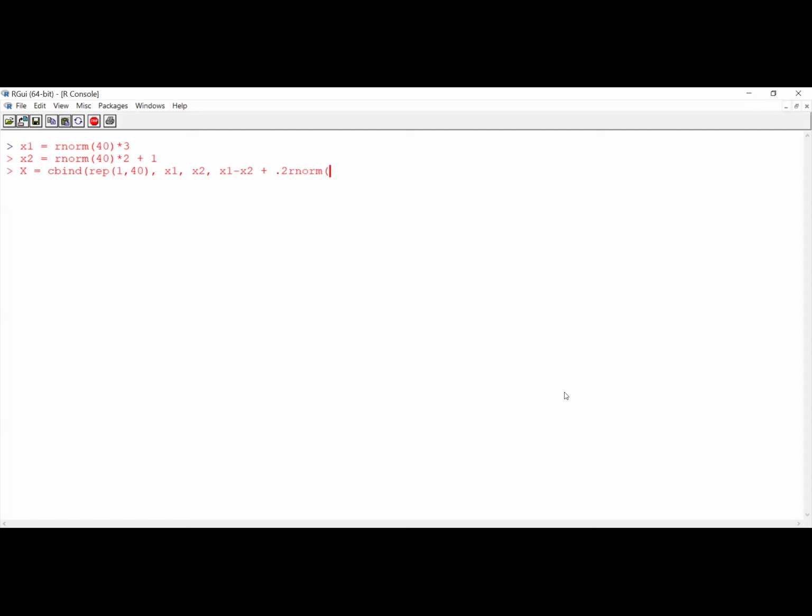I think this will work. It'll do it element-wise. In other words, it will create the rnorm vector, make it pretty tight around 0, and kind of offset it a little. So it's not perfectly dependent, but somewhat close. Okay, does that make sense? This should sort of do it, I think. Let's try it anyway. Hold on, I've got to put the times in here, right? Okay, now that's my X matrix.